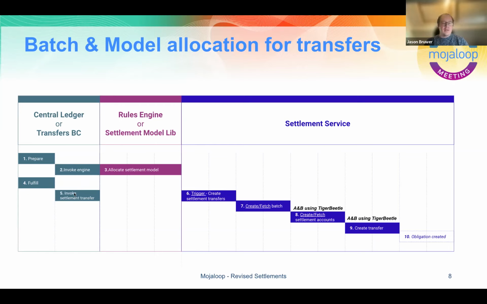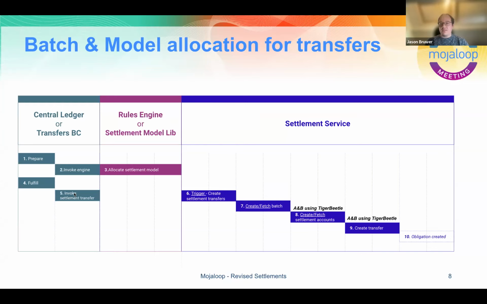Now step 5, where we're invoking the settlement, a settlement transfer request is created in the settlement service. This is a big distinction, where you've got the settlement transfer actually living separate to the Central Ledger database.